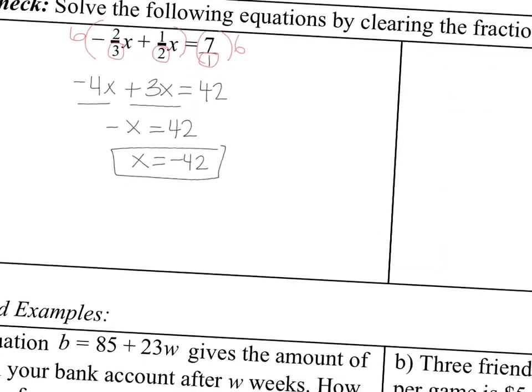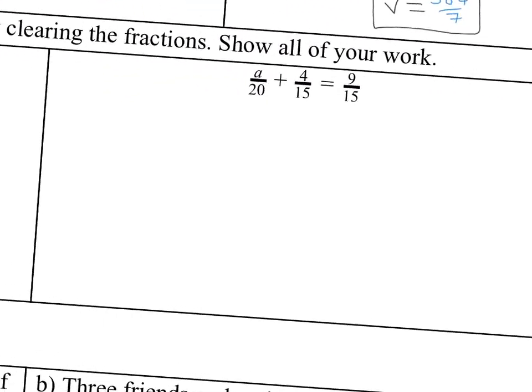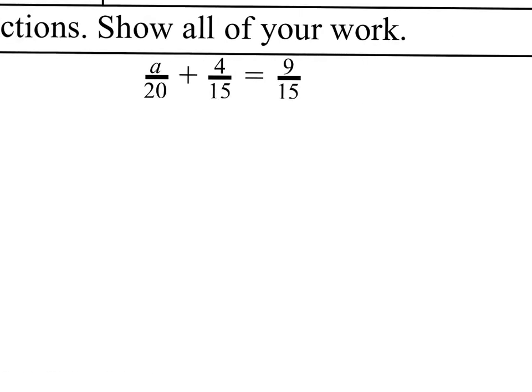Okay, let's try this one over here, clearing fractions. So I'm going to look at my denominators, and I have to think of numbers that 20, 15 go into. So the number that all of them go into is 60. And if you chose 120, that still works too. It's still going to be the same answer. So I'm going to multiply the left-hand side by 60 and the right-hand side by 60.